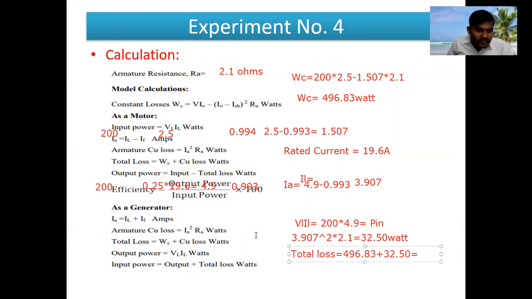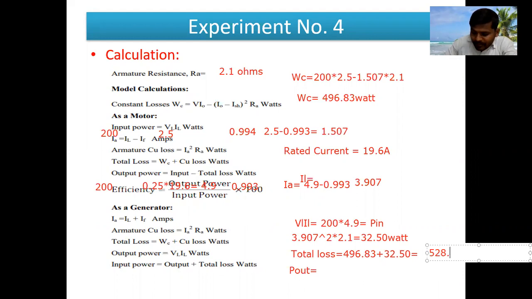And once the total losses can be calculated, we are able to calculate the P out, that is output power. किती येत आहेत टोटल लॉसेस, 528.88. 528.88 वॅट. ओके टोटल लॉसेस आहेत तुमच्याकडे.